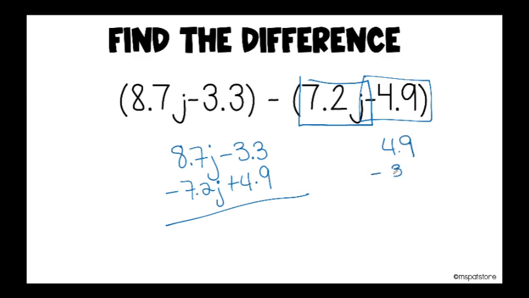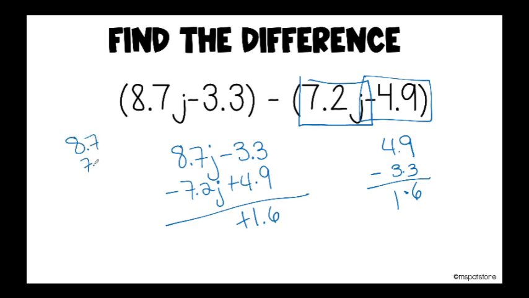4.9 minus 3.3. 9 minus 3 is 6. Bring down the decimal point. 4 minus 3 is 1. In this case, as 4.9 has the greatest absolute value, it will be positive 1.6. Here, you need to do the same. You need to subtract because they have different signs.